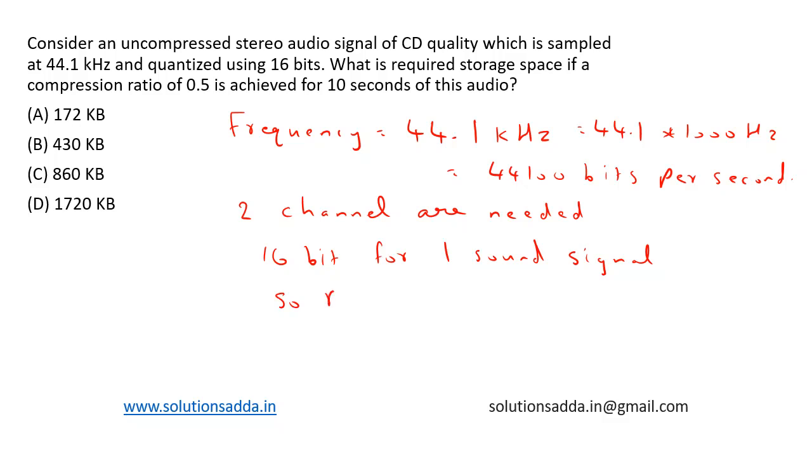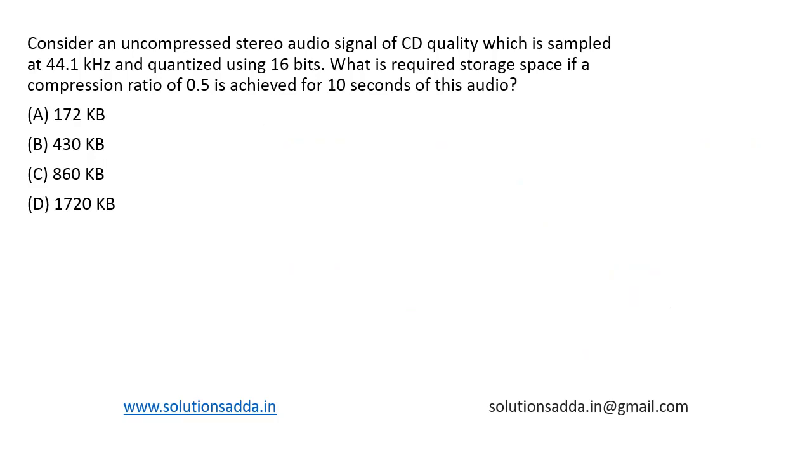So bit rate is equal to 2 into 16 into 44100, which is equal to 1411200 bits per second. Now we are given the compression ratio as 0.5. Compression ratio equal to 0.5.